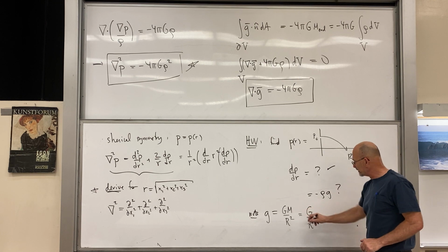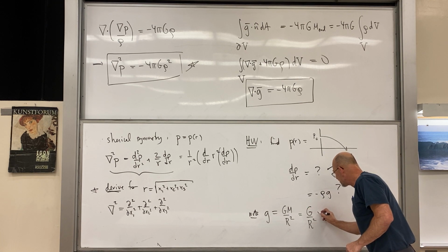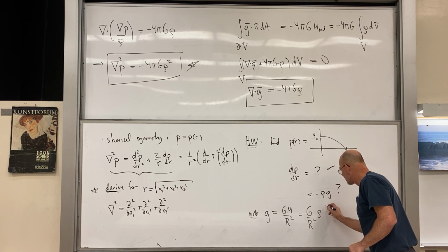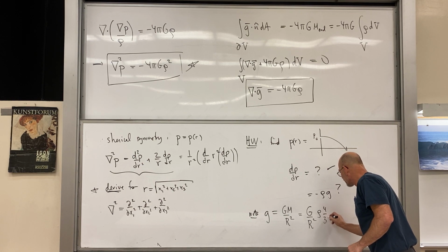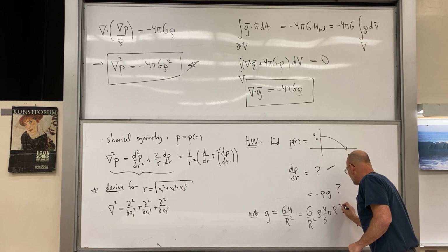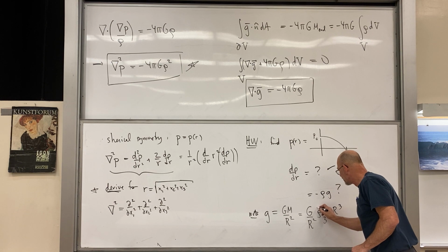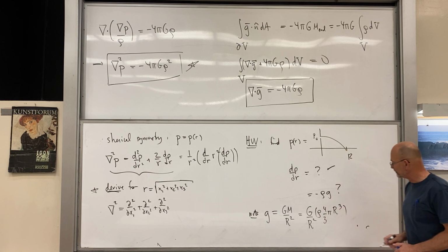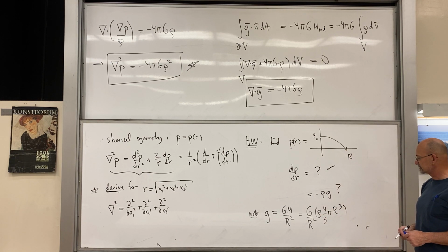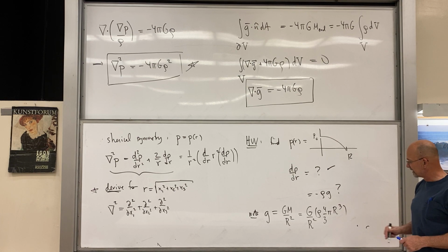What's your mass going to be? Your mass is going to be density times 4/3 pi r cubed. And that should pan out.